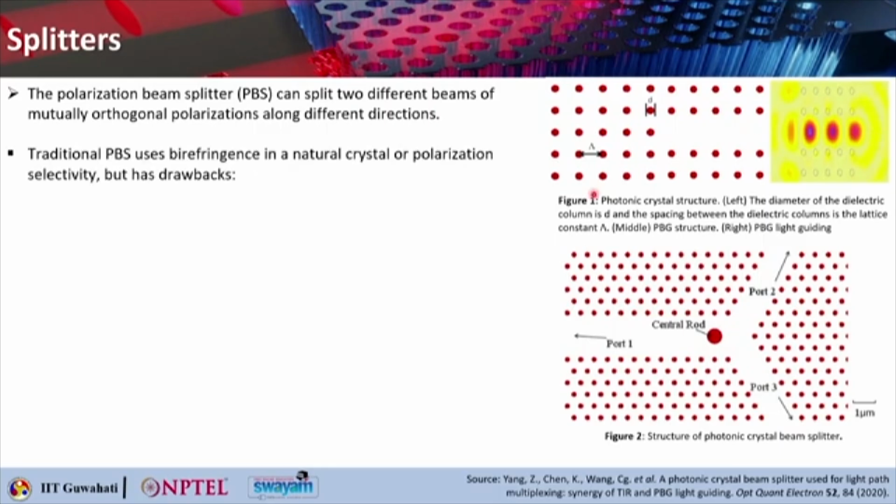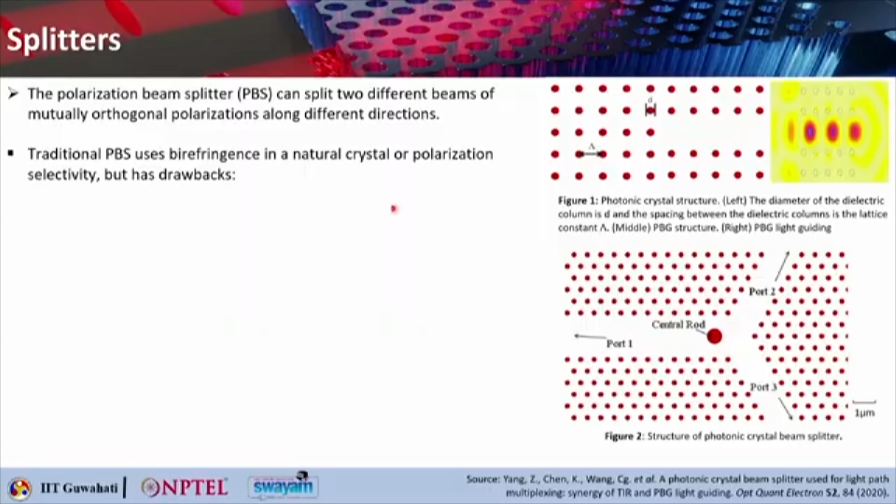Because it's a polarization beam splitter, one polarization can go this way and another polarization has to go the other way. Traditional polarization beam splitters use birefringence, meaning refractive index values are different in different directions, with birefringence in a natural crystal and polarization selectivity.